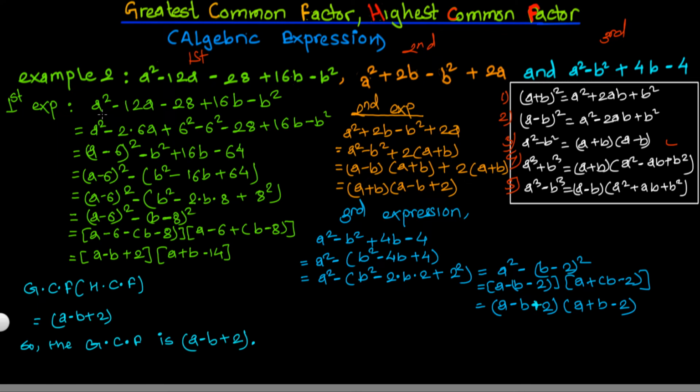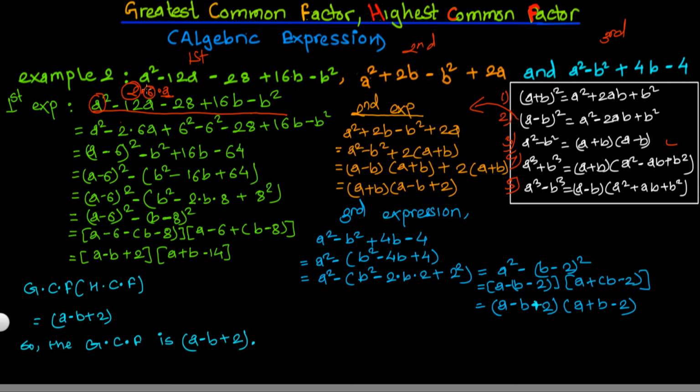The first expression is of course a square minus 2a minus 28 plus 16b minus b square. What we can do, let us think for a while. I can make this term as this one, because if I want to split 12a into 2 times 6 times a, this is a square, so my a term is here, my 2 term is here.